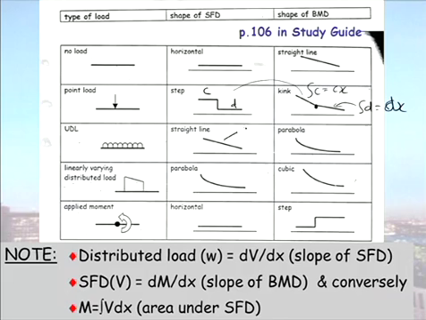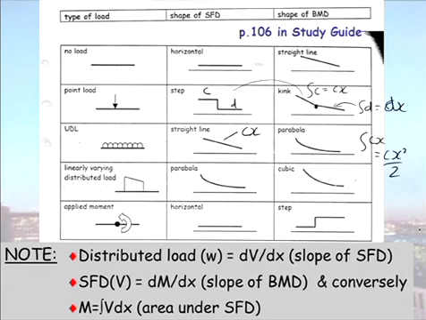Your shear force now is linear. What do you get when you integrate a linear expression? A parabola. Your bending moment under a UDL load is a parabola. And remember this, it's always a happy parabola shape.